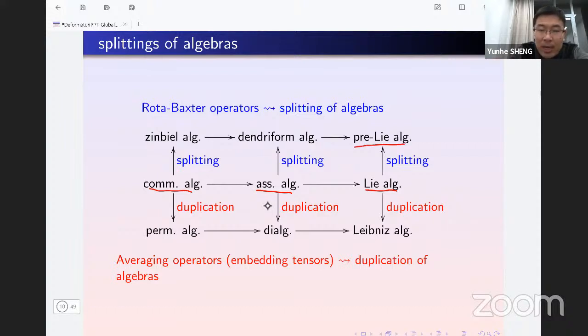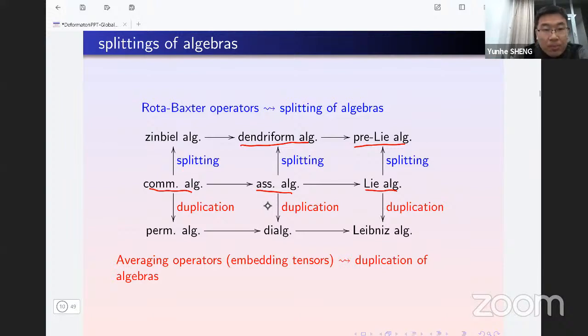And if we have a relative Rota-Baxter operator on an associative algebra, then we can obtain a dendriform algebra. On the other side, we have similar operators called averaging operators, which give rise to duplications of algebras.